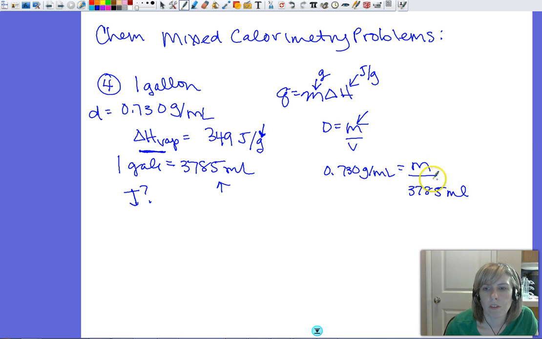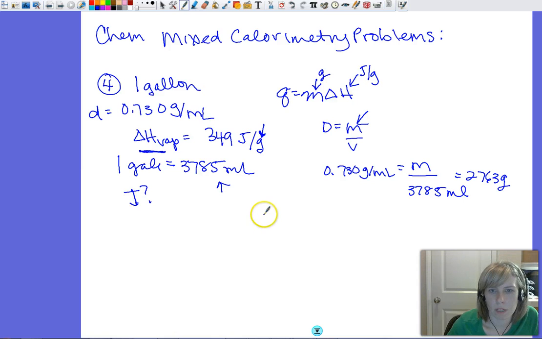So to solve for M, I'm going to multiply them together, and that is going to give me, let's see, 0.730 times 3,785. So I'm going to get 2,763 grams.